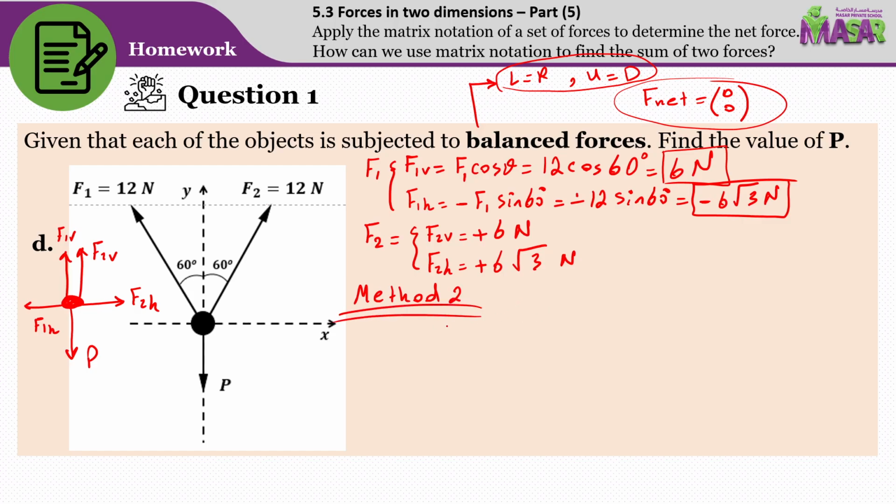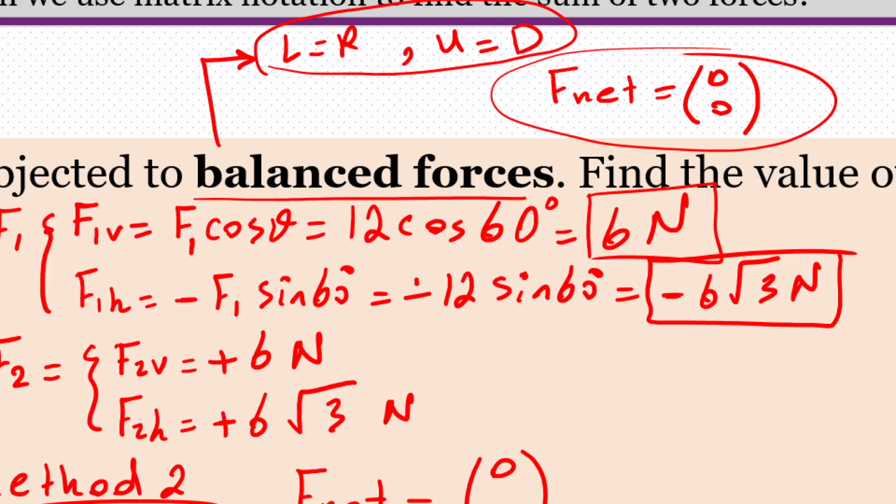In method 2, we know that the forces are balanced. This is the information that is between our hands, which means F net is equal to zero matrix, as I told you at the beginning, we can use the left, right, up, down approach or the matrix notation approach.